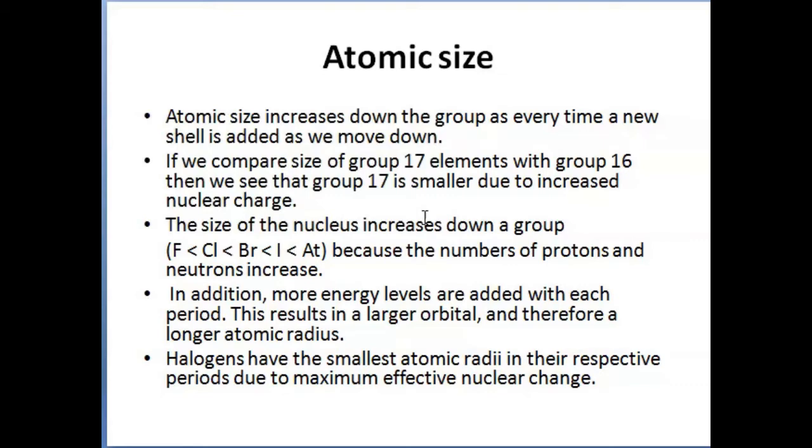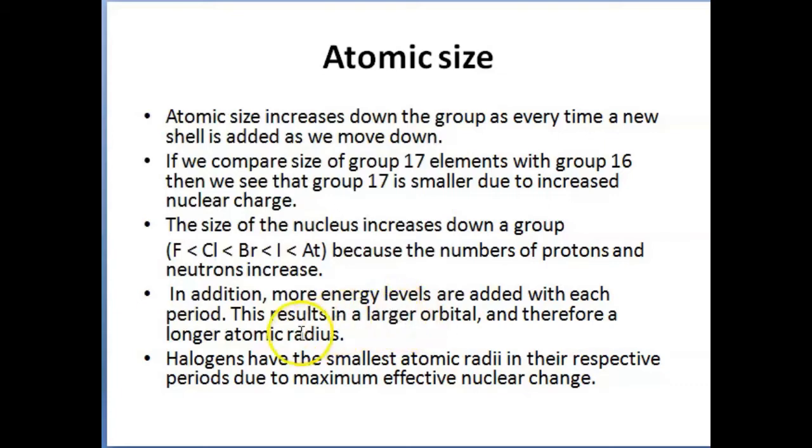The size increases down a group, so fluorine is smaller than chlorine, bromine, iodine, because the number of protons and neutrons increases. In addition, more energy levels are added with each period, which results in a larger orbital and hence a larger atomic size. Halogens have the smallest atomic radii in their respective period because of the maximum effective nuclear charge.